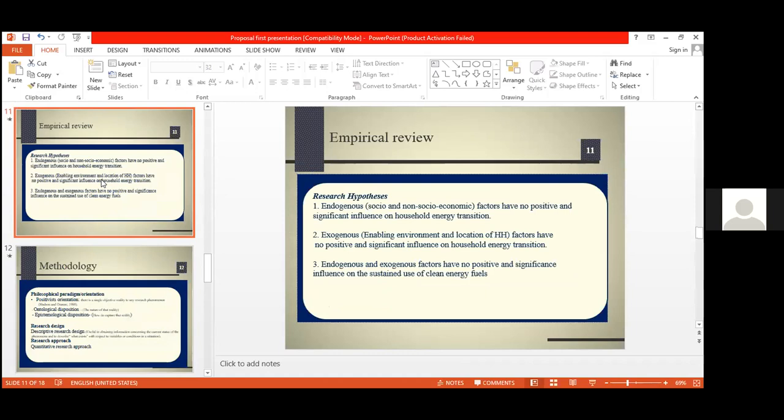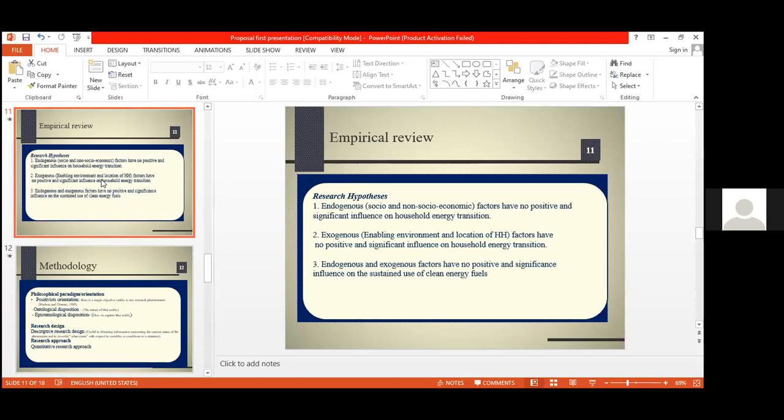I thought that the scholarly work could be to break down the specific objectives and have more than 3 hypotheses by breaking down each factor within the 3 specific objectives. For instance, if I'm talking of endogenous factors, and I have maybe 3 factors that are endogenous, I could have 3 hypotheses out of specific objective number 1, and likewise for objective number 2 or 3. That is point number 4.